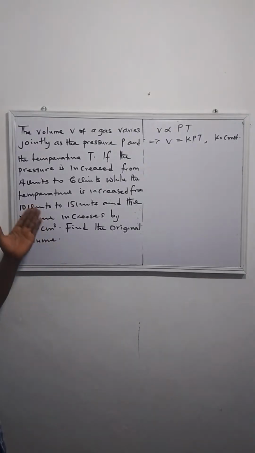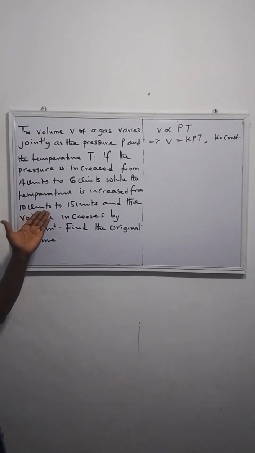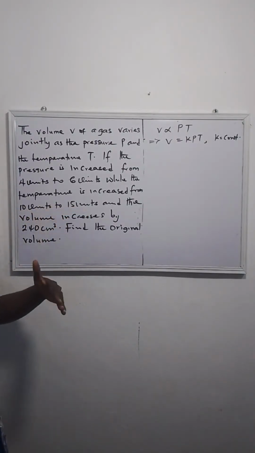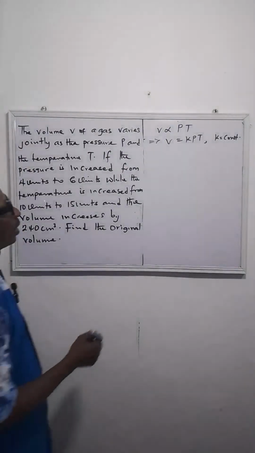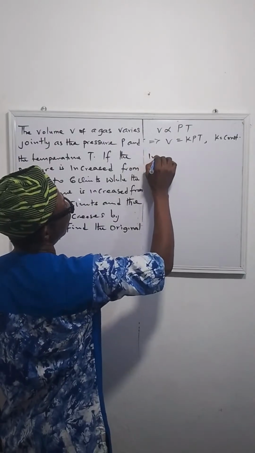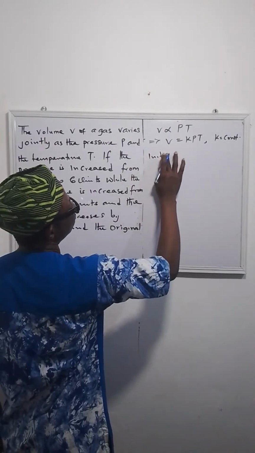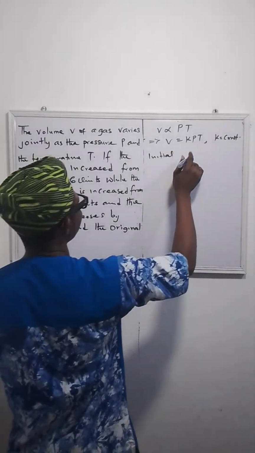The same thing also applies to the temperature. There's an increase from 10 units to 15 units. So there's a change in temperature. So now let's do it this way. Now let's say initial volume.